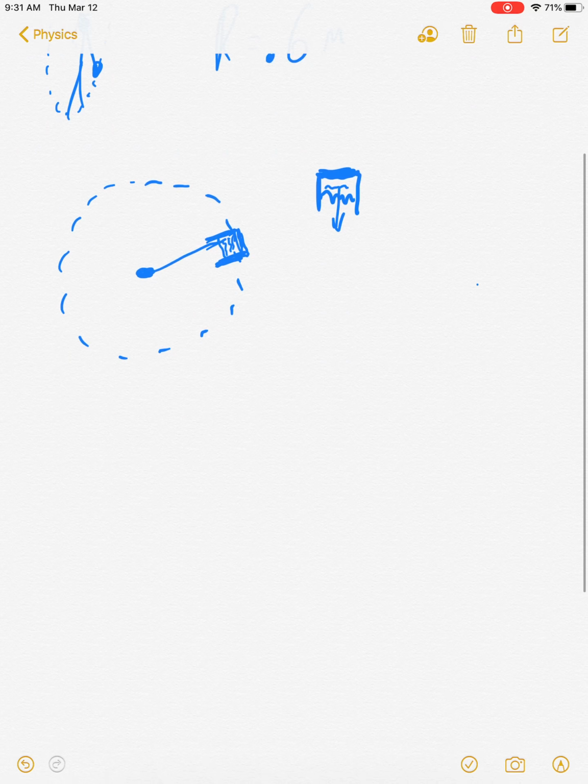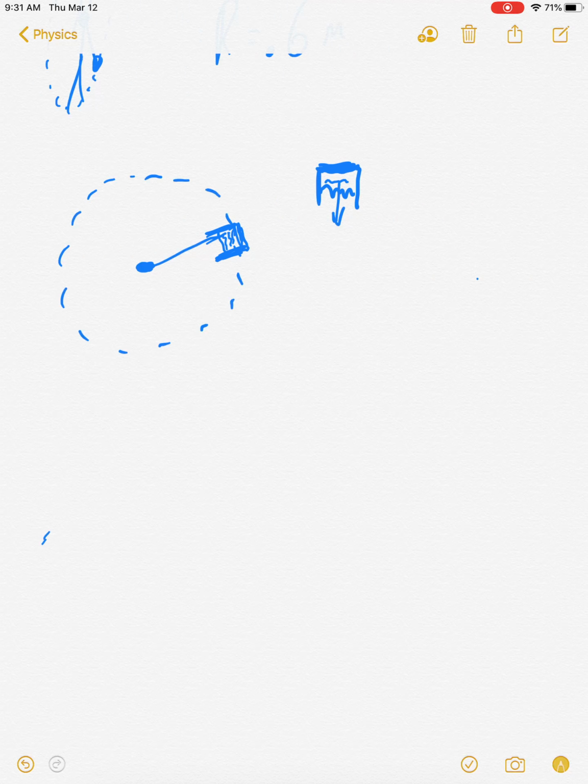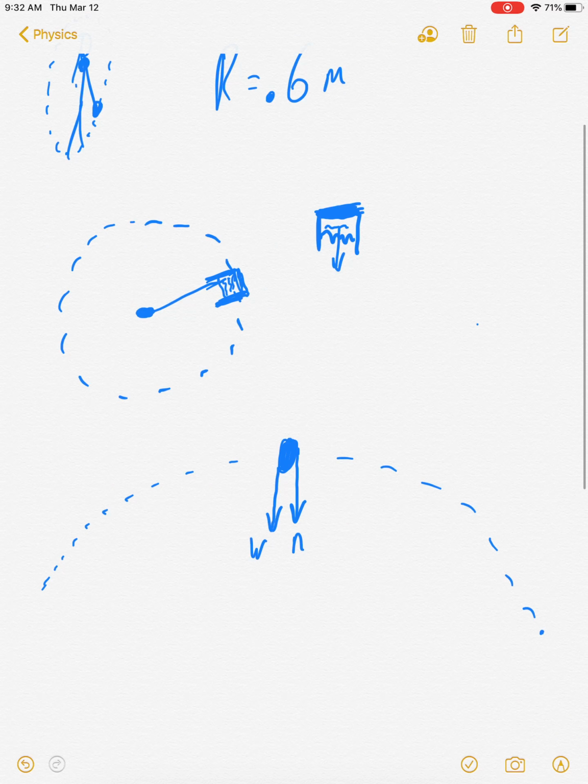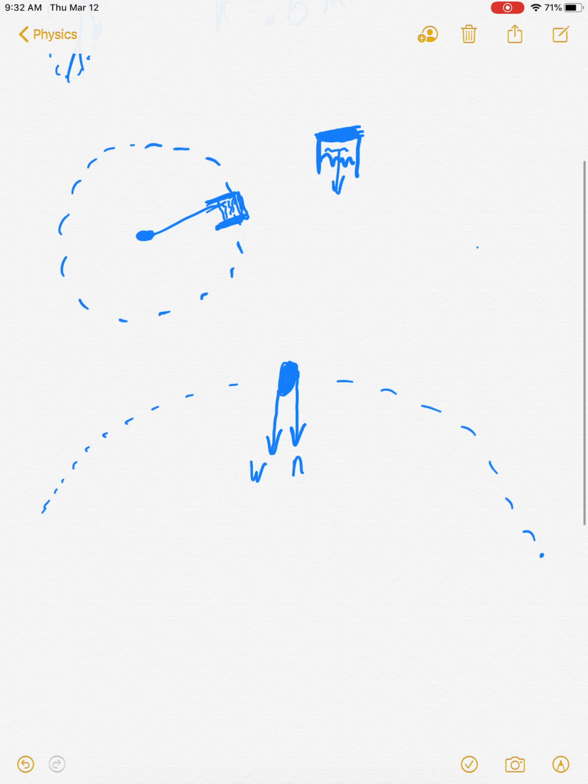So when we're at the top of the trajectory, if we view the water as a particle, it's going to have the force of its weight on it, and it's also going to have the normal force, which is the action-reaction pair from the top of the pail. Here the pail is above the water, so it can only push the water down. It can't pull the water up. And so the normal force is going to be pointing downwards.